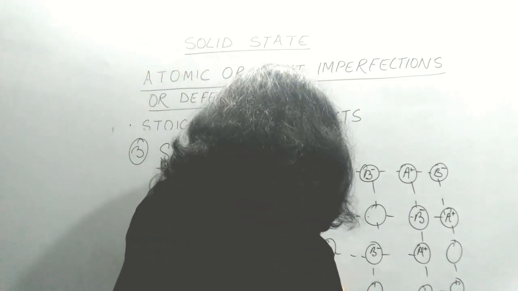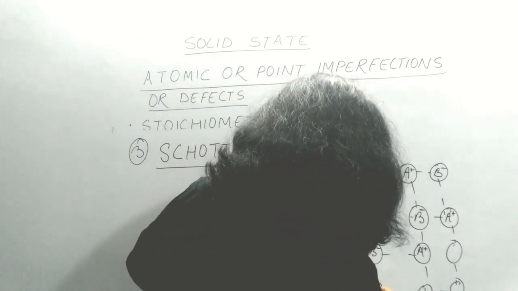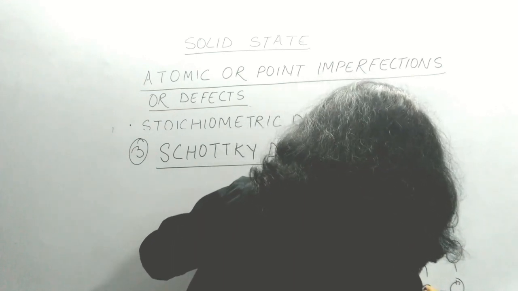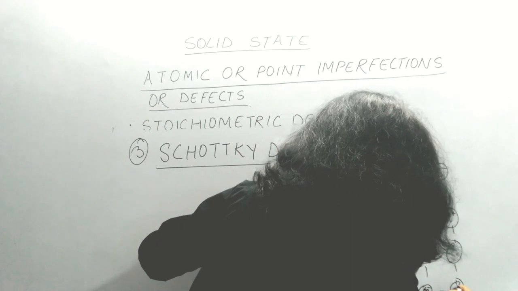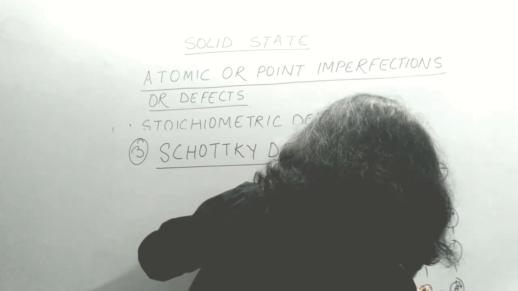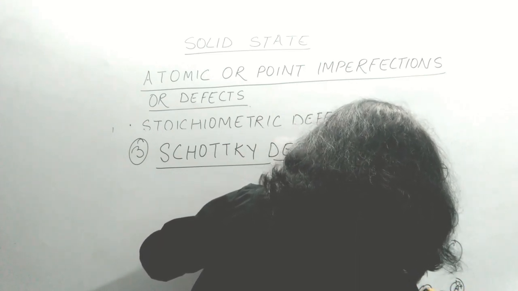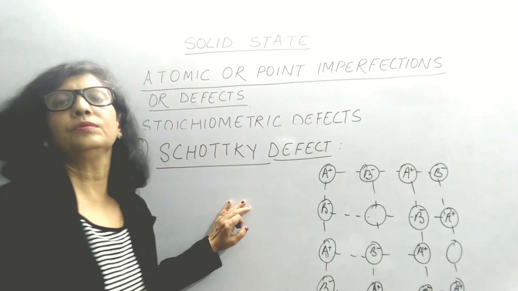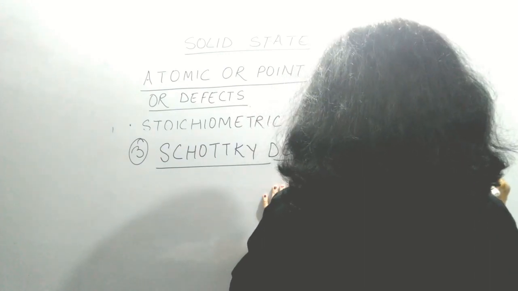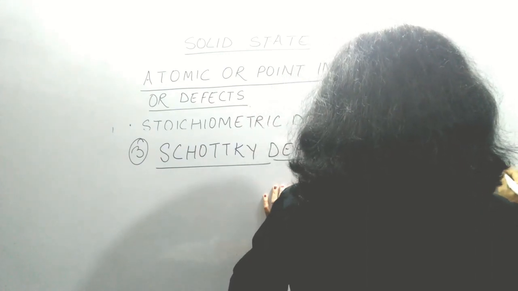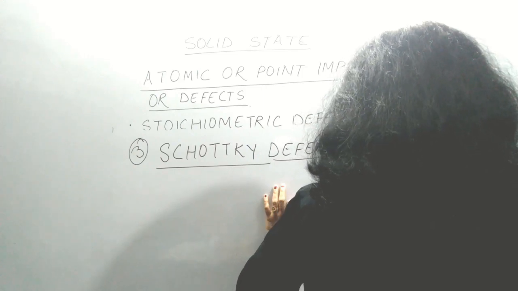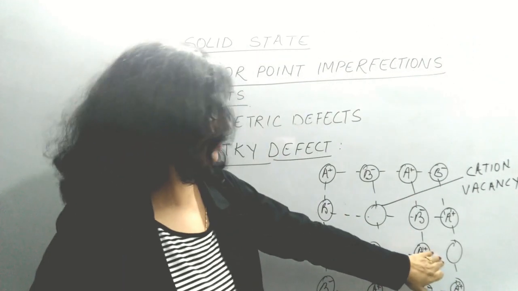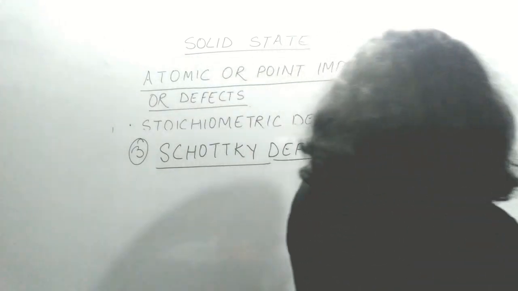Here again anion. Here is your cation and anion. Here is cation, one anion. So here we are having your cation vacancy, and here we are having anion vacancies.